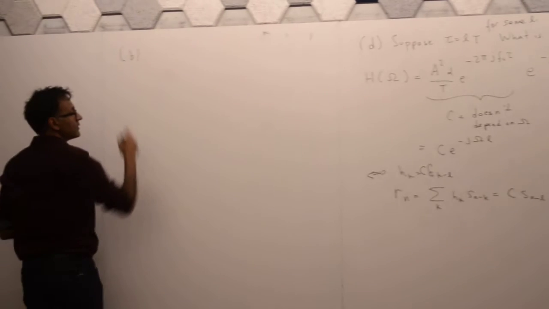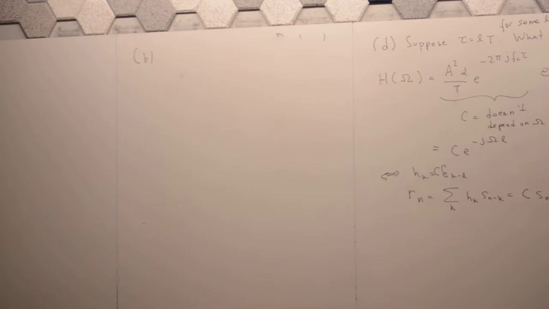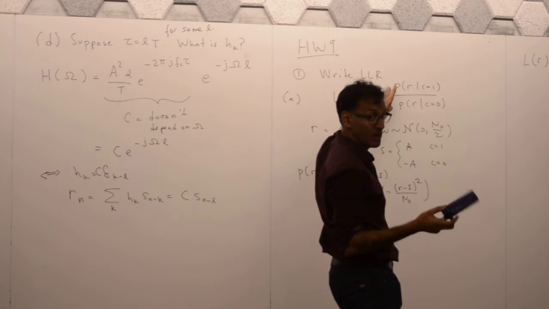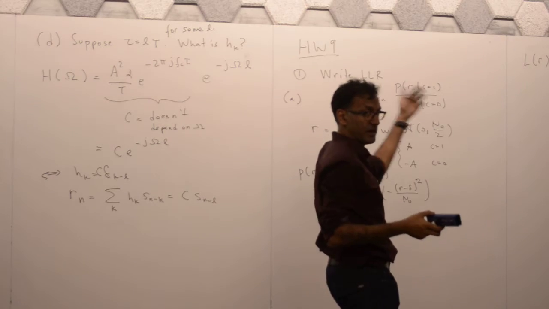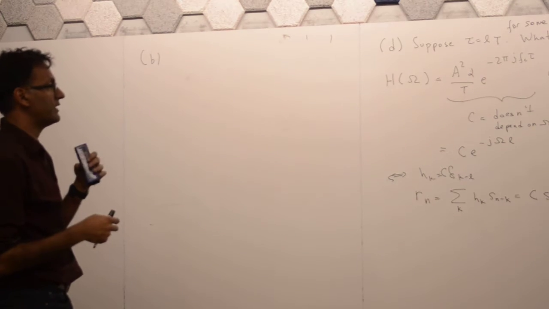If R is positive, then it's more likely that bit C equals 1 was transmitted, because when the numerator is bigger than the denominator, this ratio is bigger than 1, which means the log is positive. When it's less than 1, the log is negative.